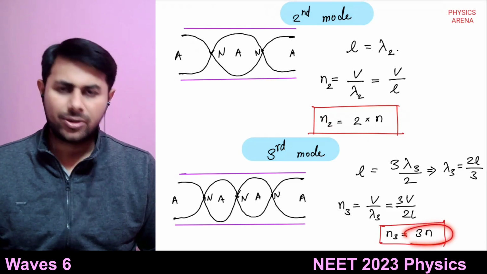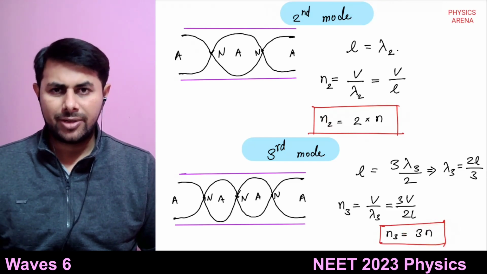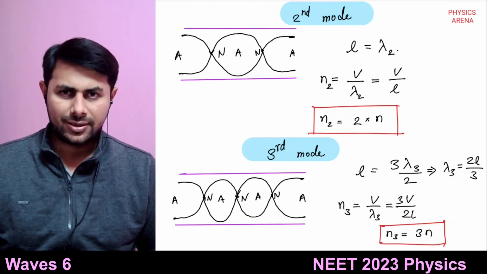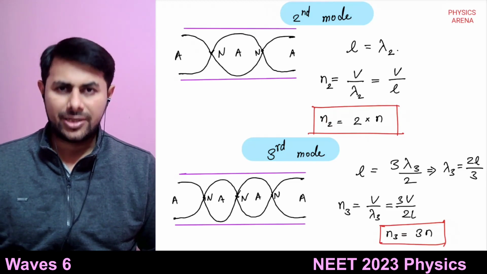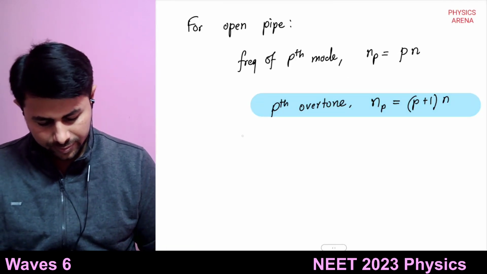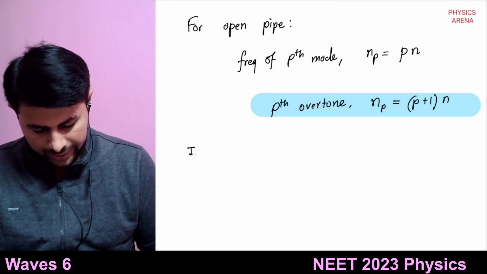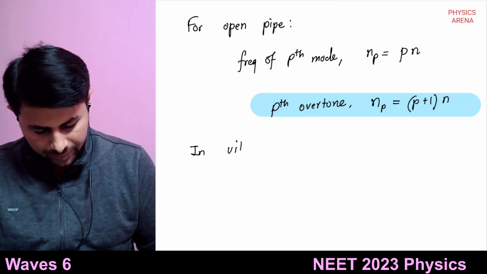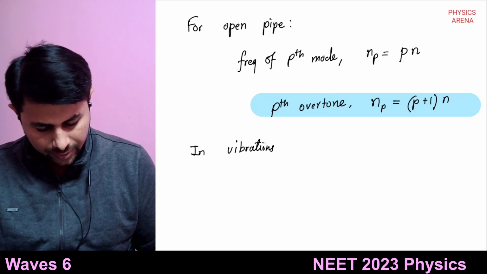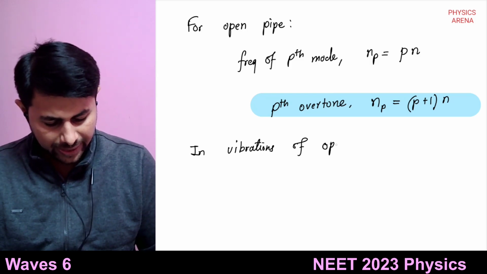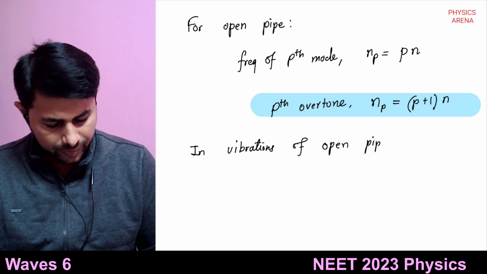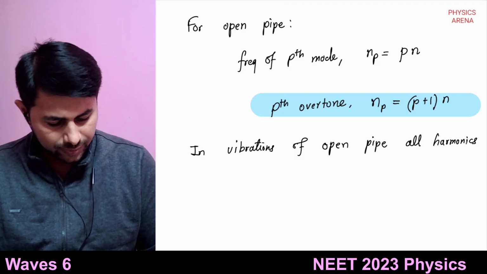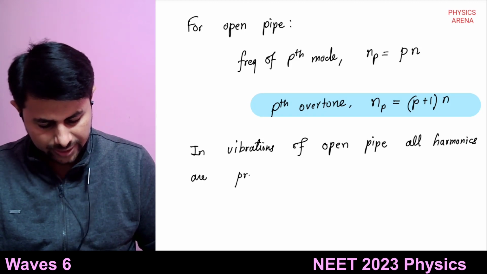The next mode, third mode, it vibrates with 3 times the fundamental frequency. So all multiples of fundamental frequency are present. All harmonics are present. So in vibration of open pipe, all harmonics are present.